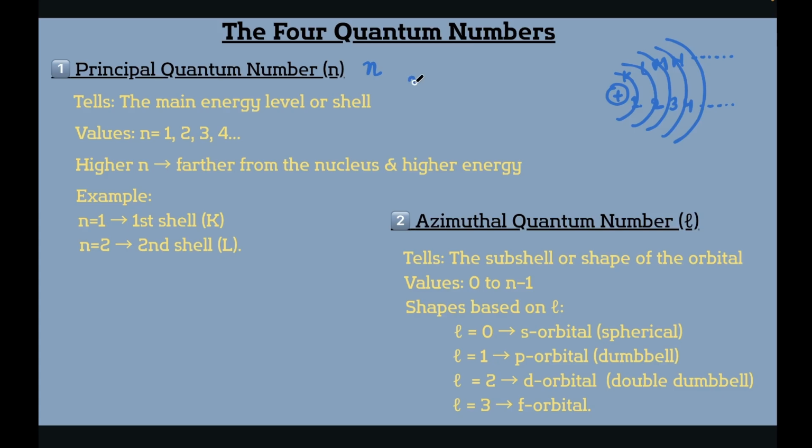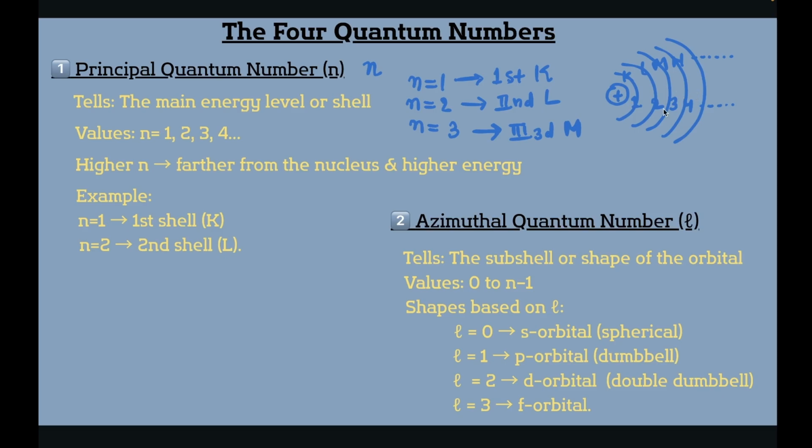If the value of n is 1, that means it is the first shell of an atom, that is K. If the value of n is 2, that means it is the second shell of an atom, that is L. If the value of n is 3, then it means it is the third shell of an atom, M. So higher the value of n, higher the energy and farther from the nucleus.